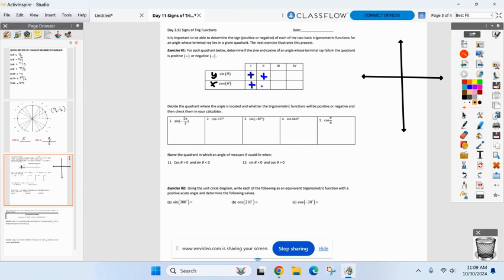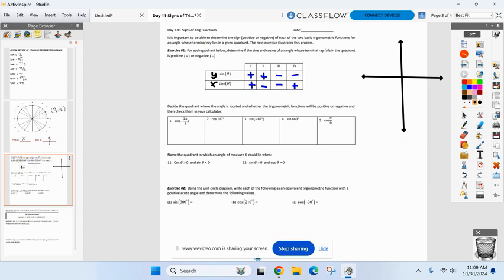That would be a negative answer. Yep. What do you think in the third quadrant? Both negative? Correct, because x and y are both negative. So anything in the third quadrant is always negative. And what do you think in the fourth? What's positive in the fourth, the x or the y? X. So which one's going to be positive, sine or cosine? Cosine.